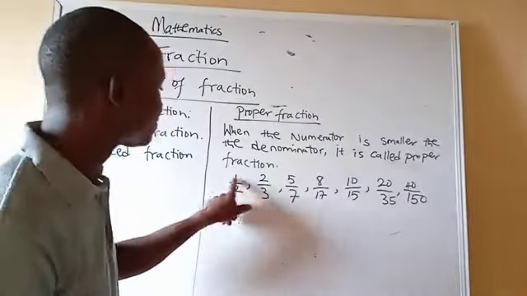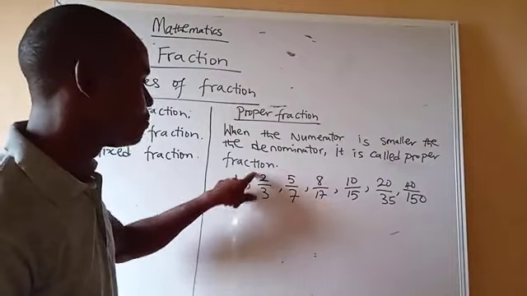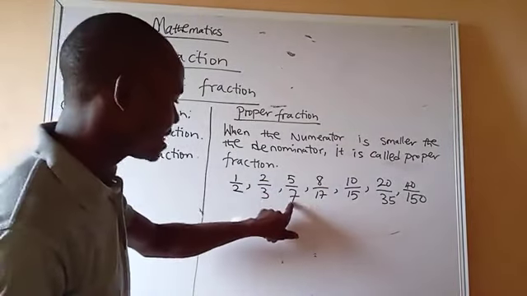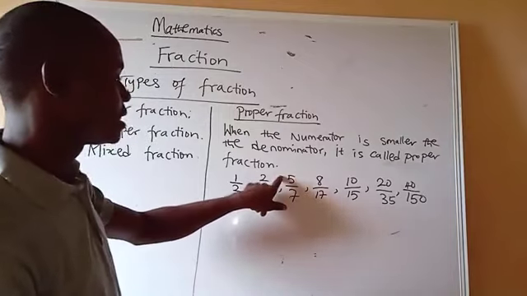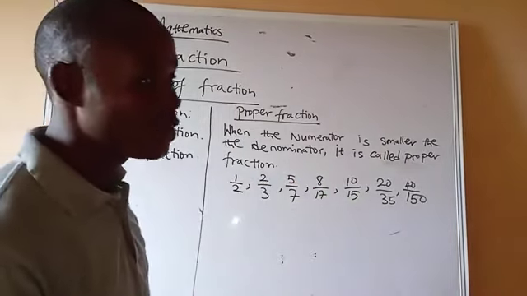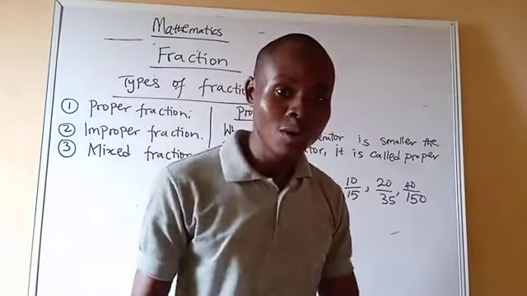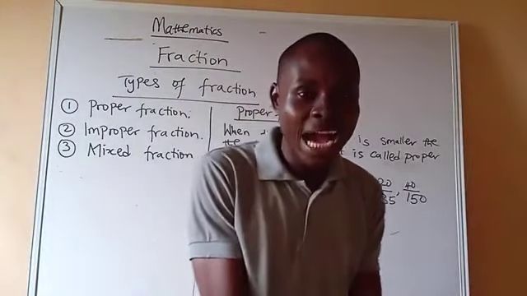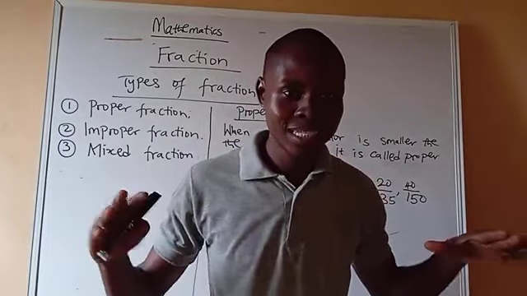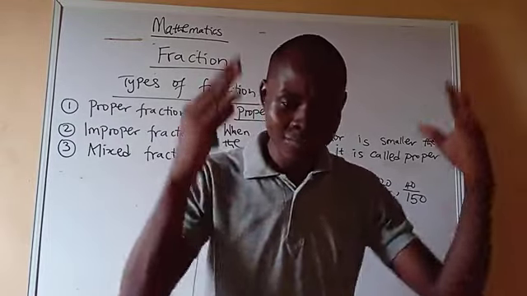This 3 is not complaining because it's carrying 2. It's stronger than 2. 7 is not complaining because it's carrying 5. It's stronger than 5. That is the same way if I carry a baby, I will not be complaining because I am stronger and heavier than that baby. So it is balanced. It is called proper fraction.